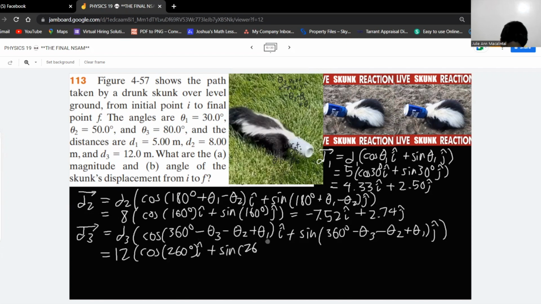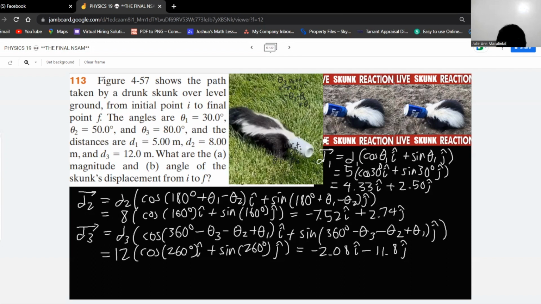Yep, 260 degrees. Let's spot check: cosine 30, 8 sine 160 gives 2.74, and then 12 sine 260. Okay, so we know the individual displacements.